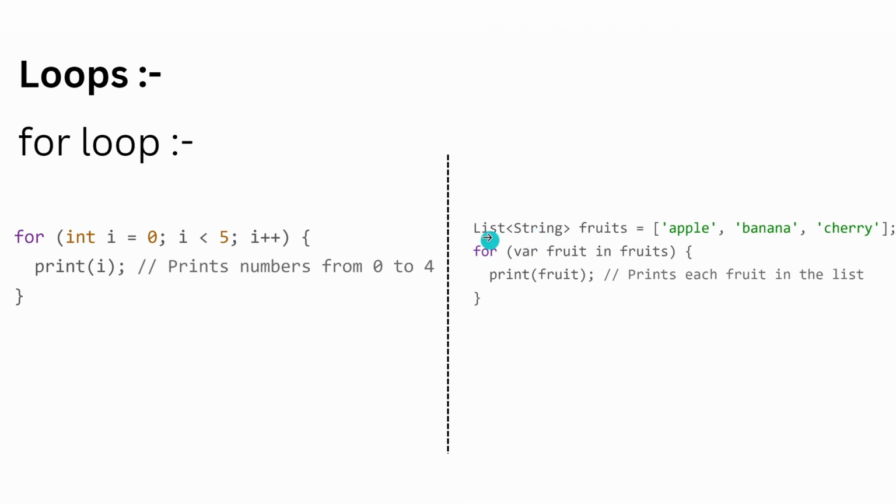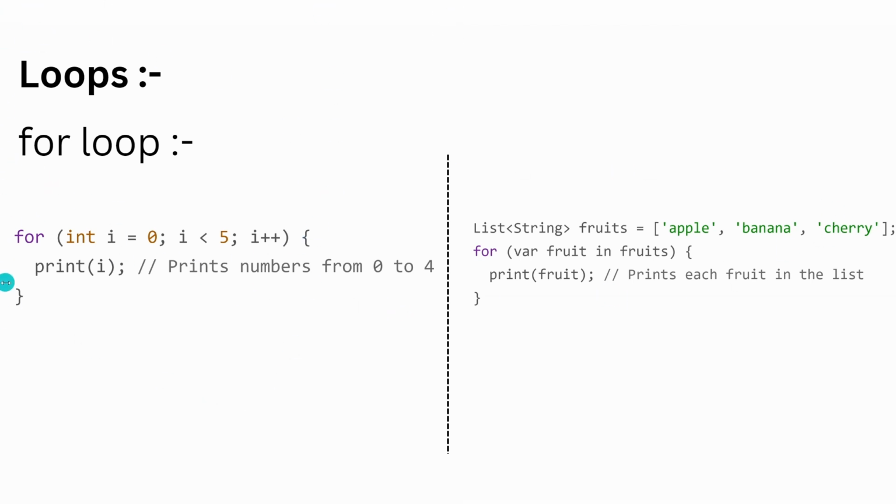So here we had defined the list of strings, and to loop the values that are present inside this list, we can directly use fruit in fruits. So fruits will be this array, and this fruit will be one value. For the first iteration it will be apple, for the second iteration it will be banana, and for the third it will be cherry. So in this way the for loop works.